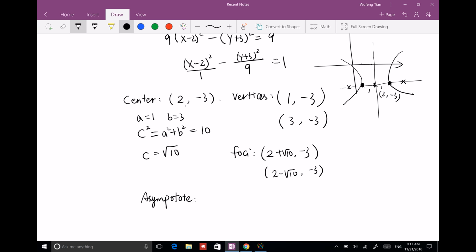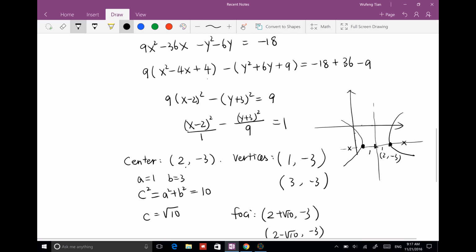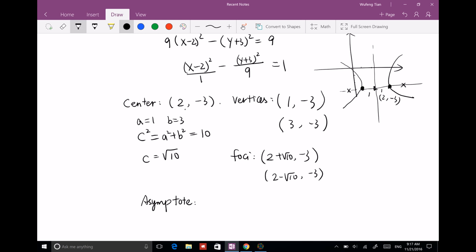Okay, so then the asymptote. When you look at the asymptote, look at this one here. What you need to do, bring it down, 1 plus 3. This one, x minus 2. Those are the two factors, right? x minus 2 and y plus 3.